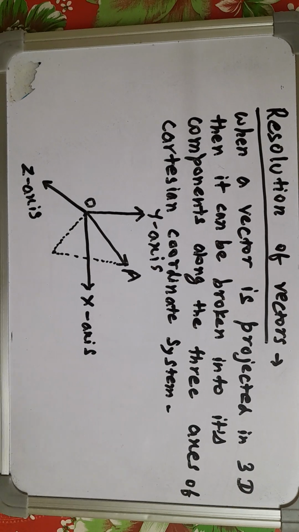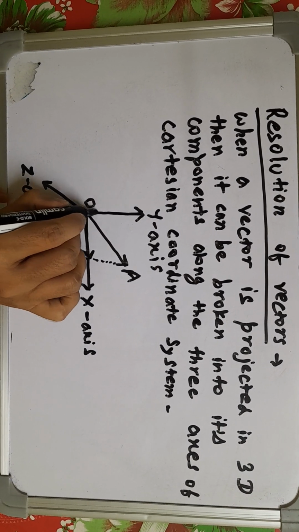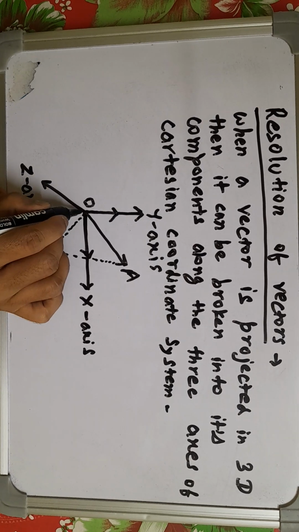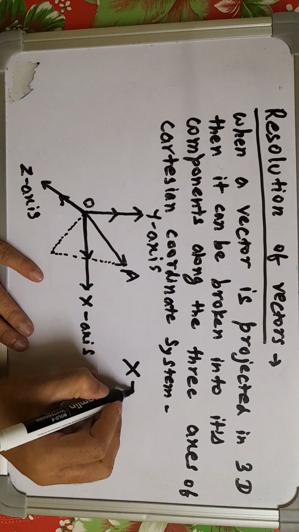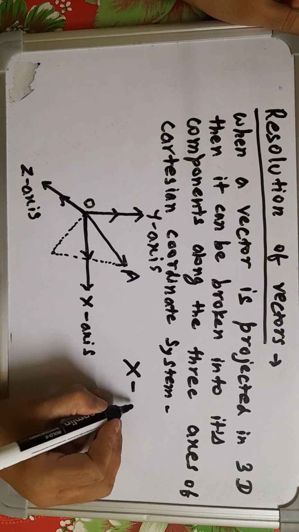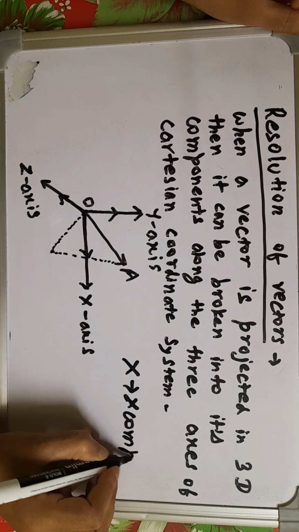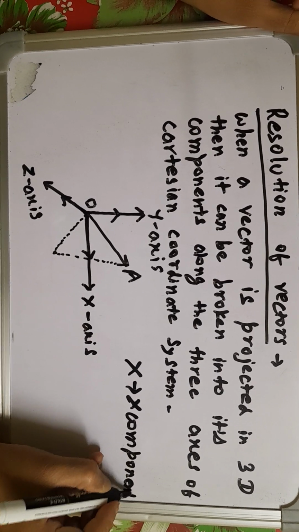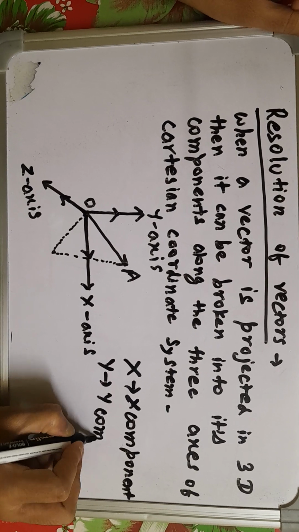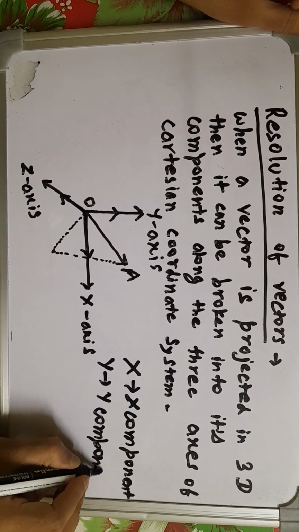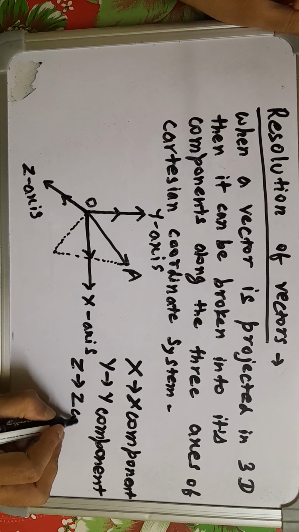So OA vector will have a component along the x direction, a component along the y direction, and a component along the z direction. So the component along x direction is called the x component, along y is called the y component, along z is called the z component.